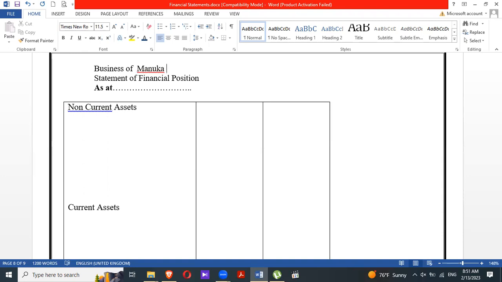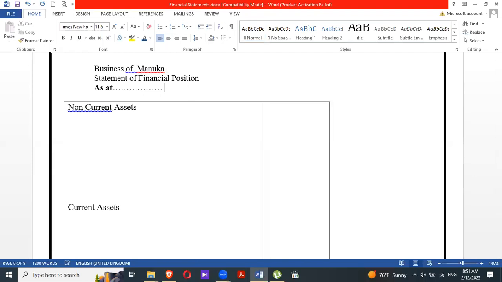Second line, we have to write the statement name, statement of financial position.